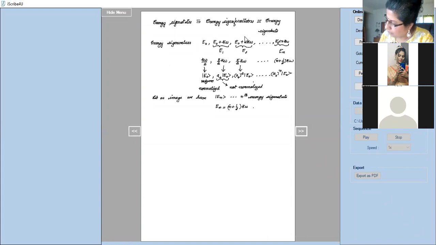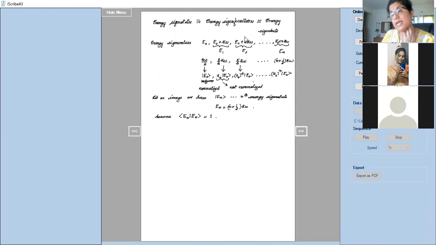So what we assume now is that this En is normalized. We'll just assume that the En is normalized.